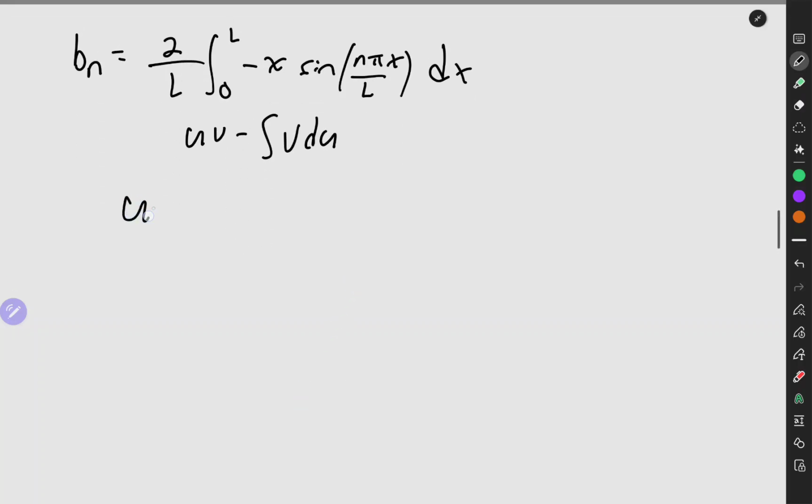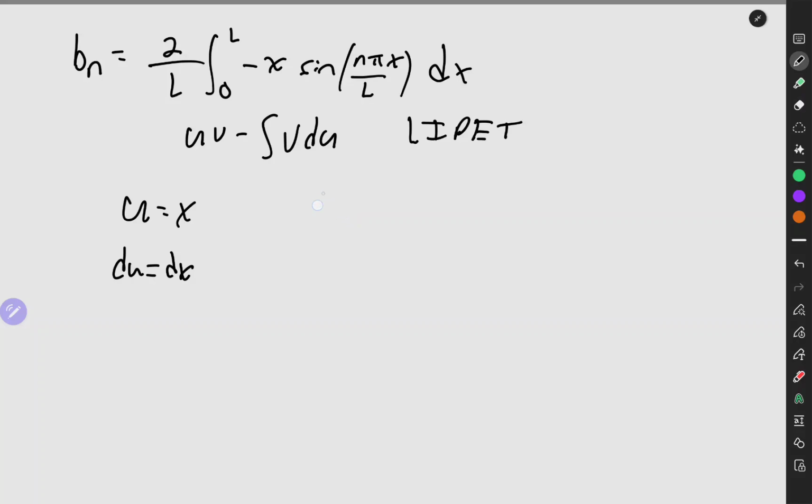Okay, so then our u, remember, what's it called, LIPET? Logs, inverse trig, polynomials, exponentials, trig. So we see polynomials come before trig. So u is x, and our du would be dx.